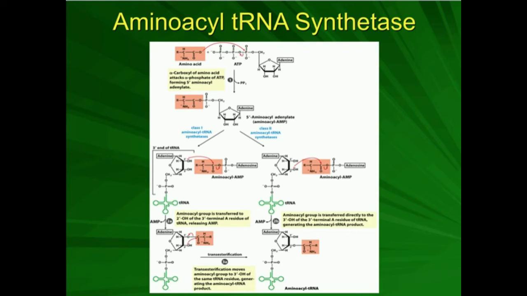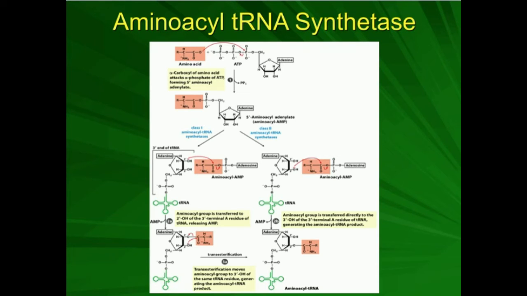So the 3' OH is going to attack that ester carbon on the aminoacyl AMP. It's going to facilitate acyl substitution, loss of adenosine monophosphate, and you effectively now have the amino acid in an ester linkage to the ribose of the tRNA 3' end. Okay? That's a direct mechanism.